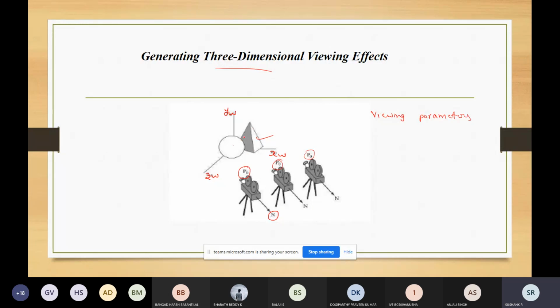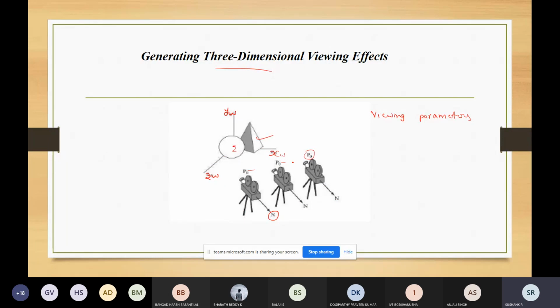So the first thing is you can obtain different views of an object in a scene by changing the viewing parameters. This point P naught can be fixed, and then you can change the direction of n to display the object positions around this origin.